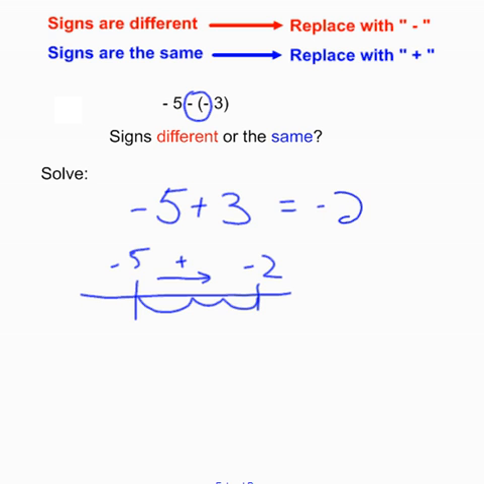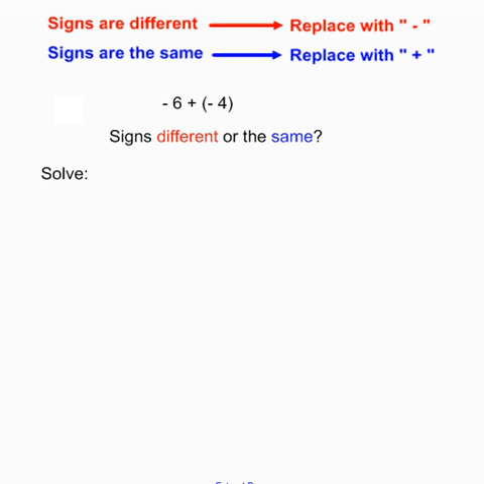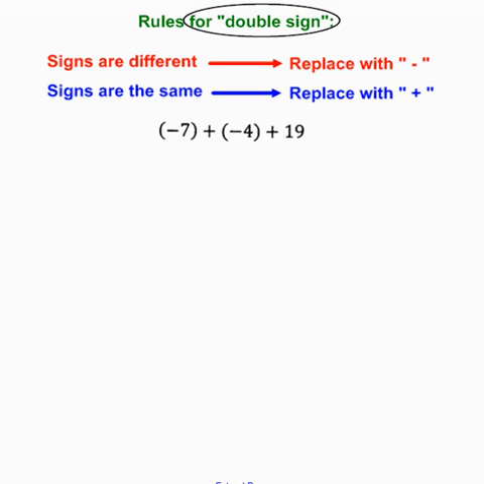So that's -2. Here, -6 plus a -4, the signs are different. So it's going to become -6 minus 4, and then you're going to use the number line to solve that.